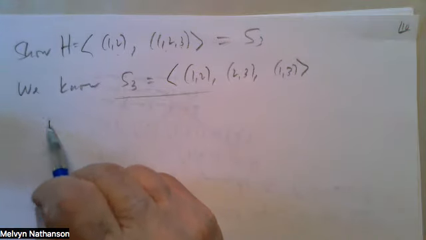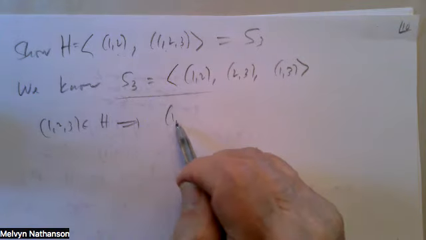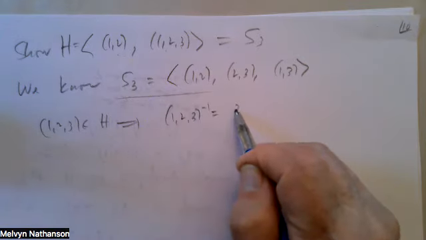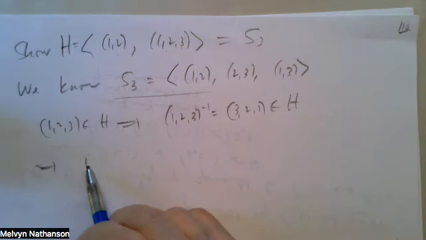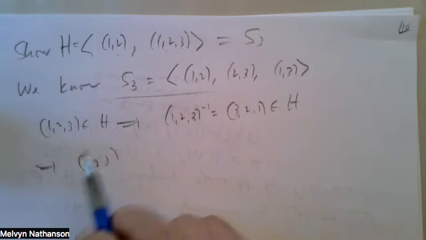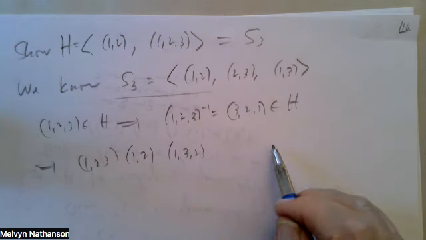So (1 2 3) is in H. So the inverse of (1 2 3), which is (3 2 1), is also in H. And if I take (1 2 3) times (1 2) times (1 3 2), this is a product of permutations in H. So this is also in H.